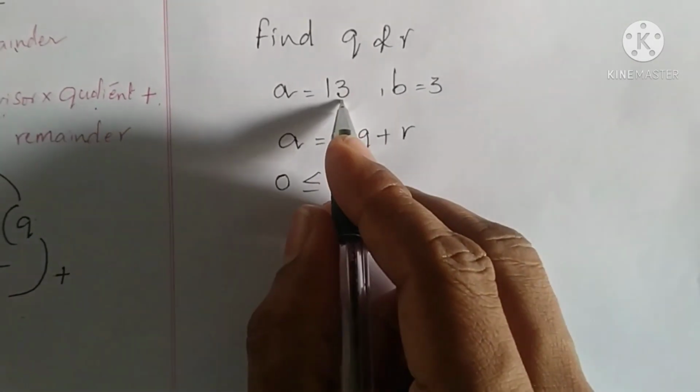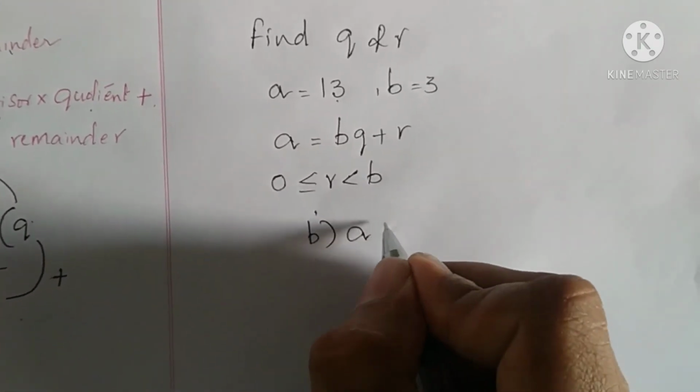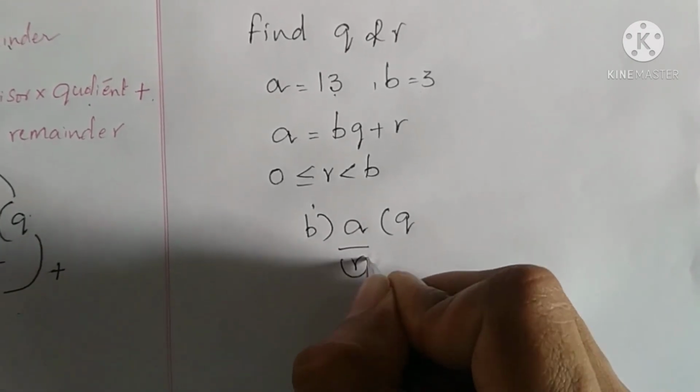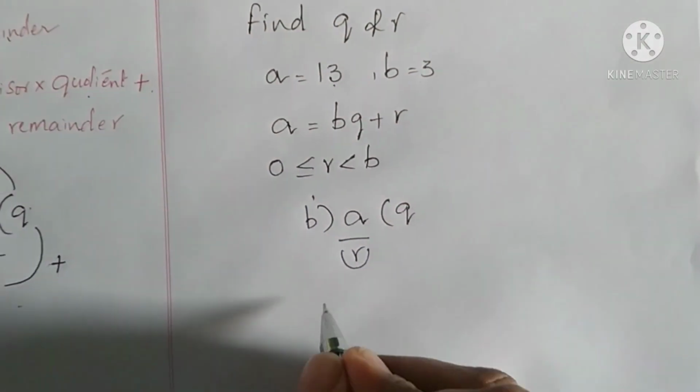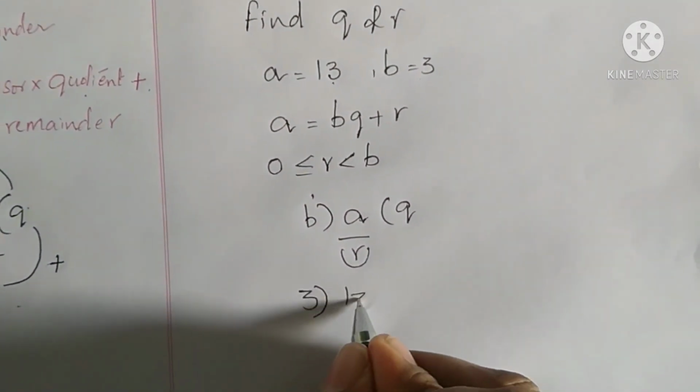So here A is equal to 13, B is equal to 3.